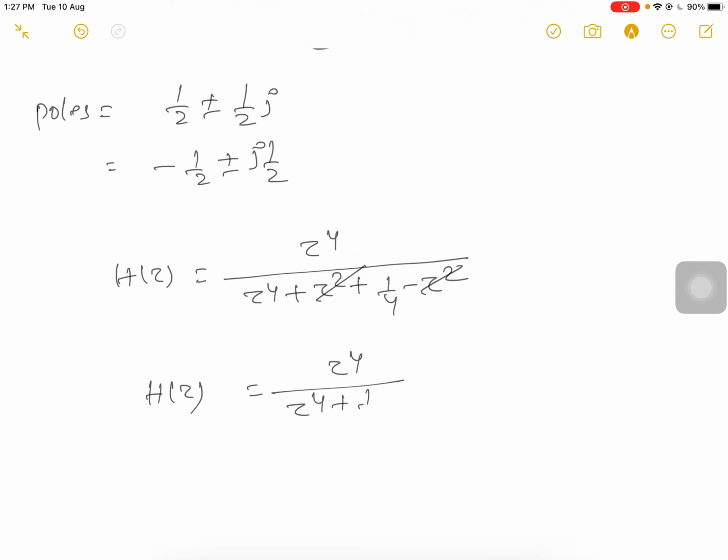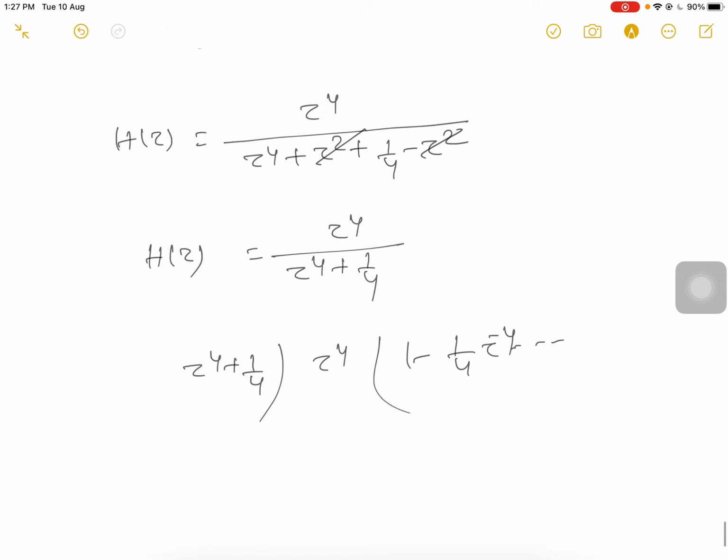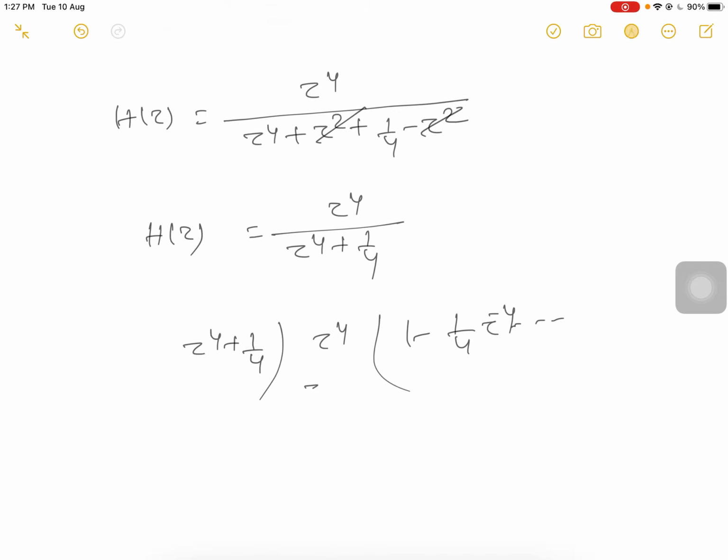Then we take the inverse z transform, and we get 1 minus 1/4 z to the power minus 4 and so on.